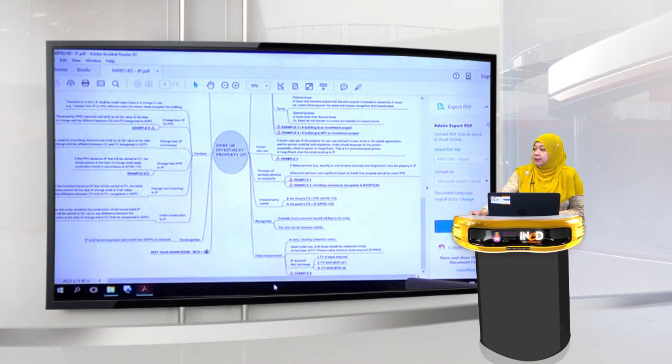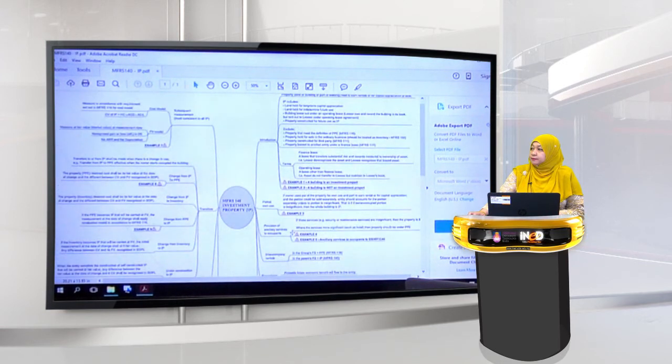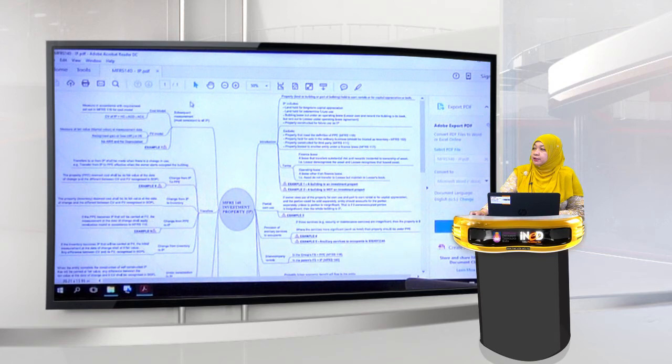And subsequently, we have also covered subsequent measurement, that is, from the second year onwards of having that property. How do we recognize the value of the investment property? We were given two choices, that is, companies can either choose the cost model or the fair value model.